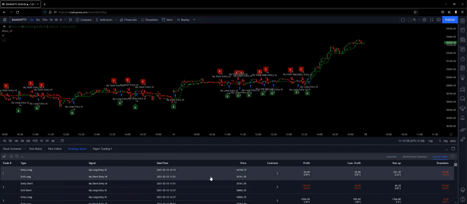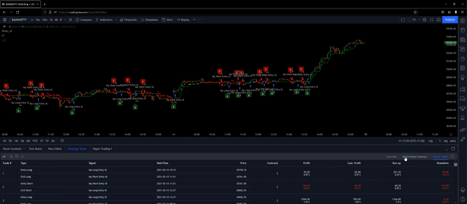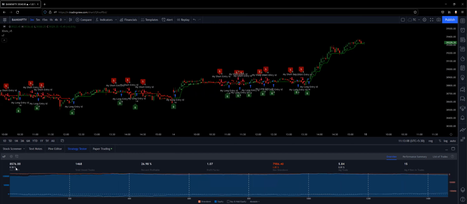this list of trades. I think it started from February 2021. So this is how your system has given 8% on the 3 minutes. On 3 minutes you will have a lot of entries and exits. You won't wait till the next sell signal.